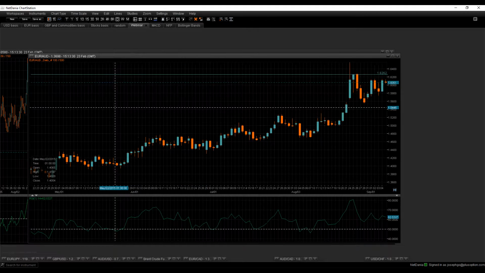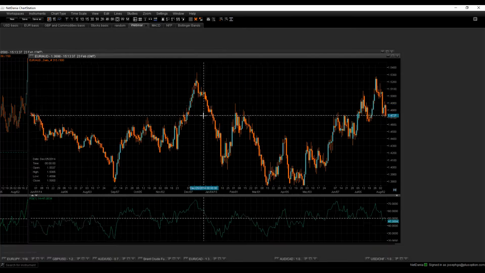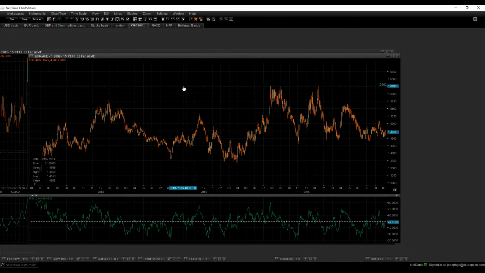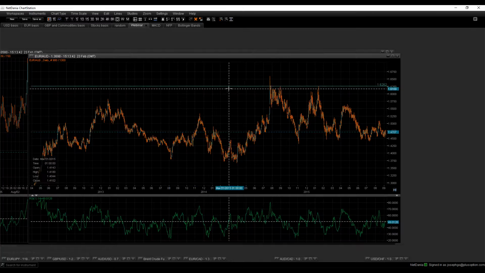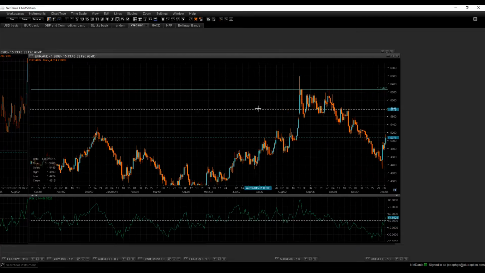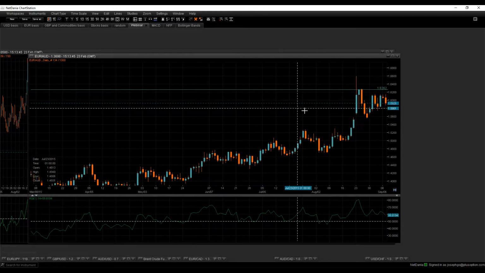Because when I look back in time, you can see the price of the Euro AUD never came close, not for years, hasn't come close to this value. So if I were to keep it all the way up top, I could be waiting around for a very long time. So we're doing a similar strategy with what we were just doing with our last asset, the AUD CAD.